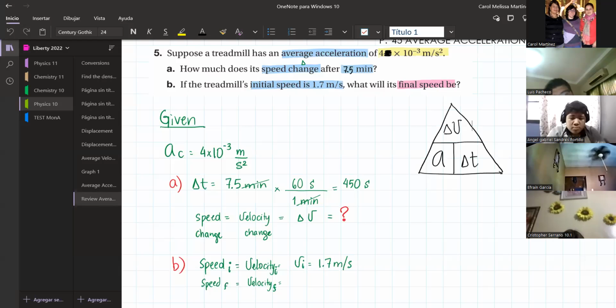We express this as VF, and VF is going to be unknown. So that's how you write your givens for problem 5.